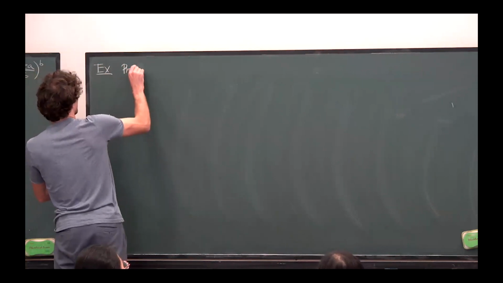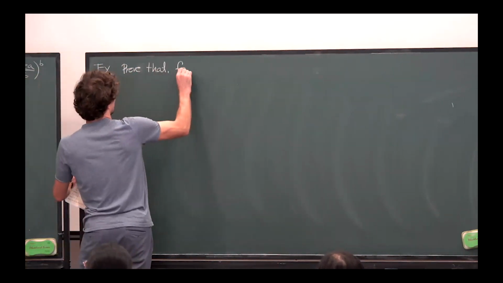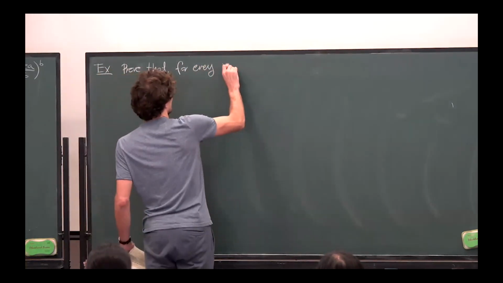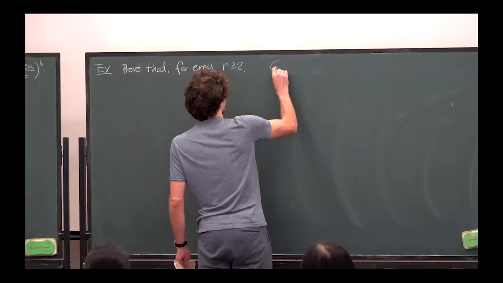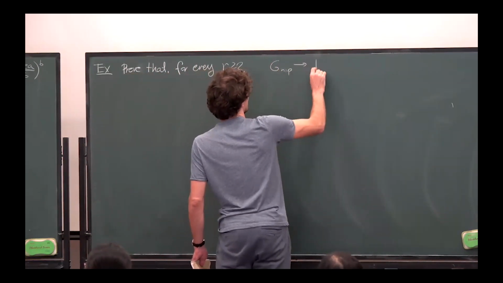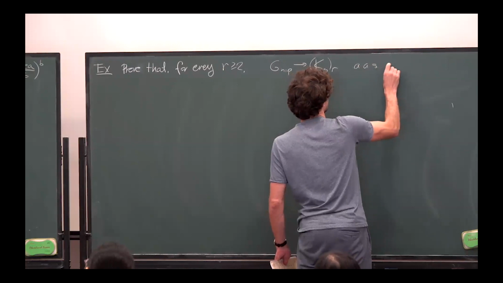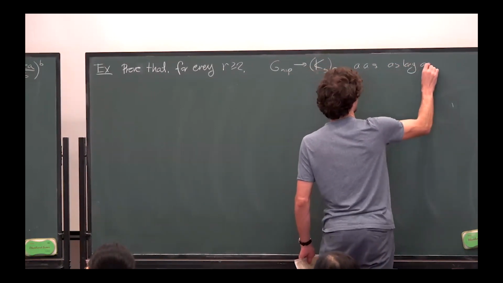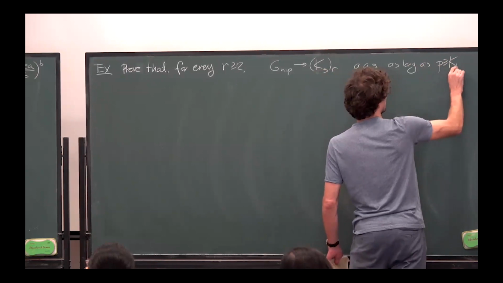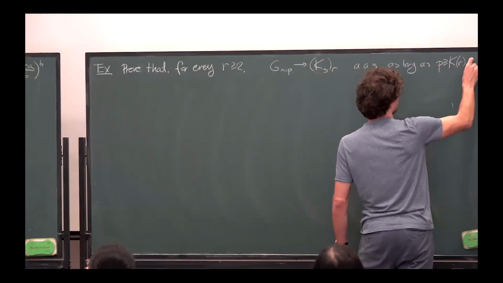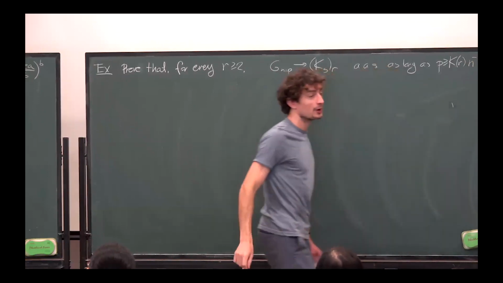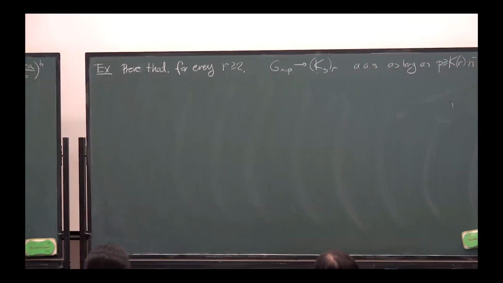Prove that for every r at least 2, G(n,p) is Ramsey for the triangle in r colors asymptotically almost surely, as soon as p exceeds some constant that depends only on r times 1 over square root of n, so without the log factor. The idea is similar, but it's a little more complicated.